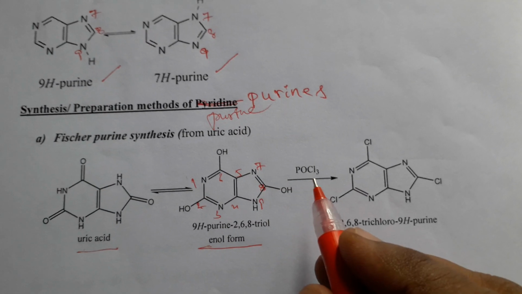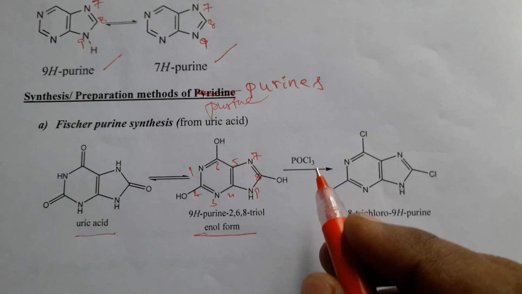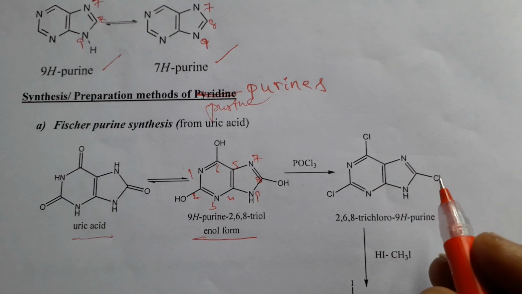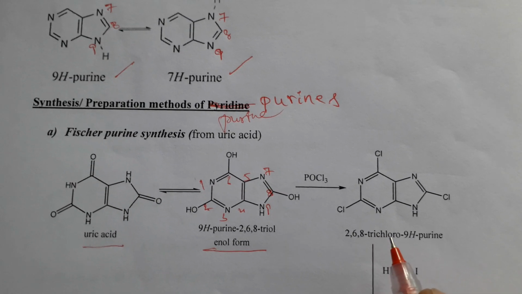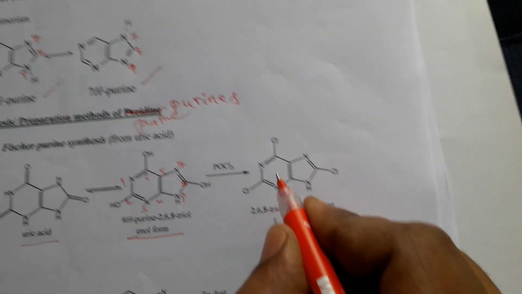Further, on treatment with phosphorus oxychloride, the hydroxyl groups are replaced by chlorines. It gives 2,6,8-trichloro 9H purine.